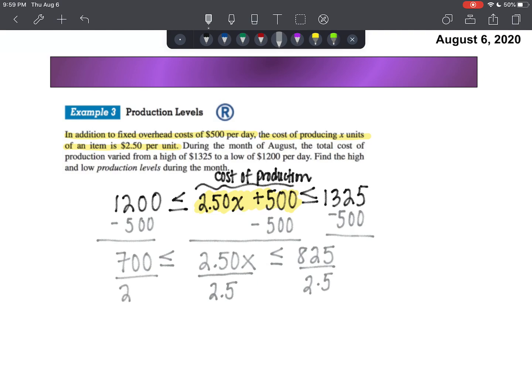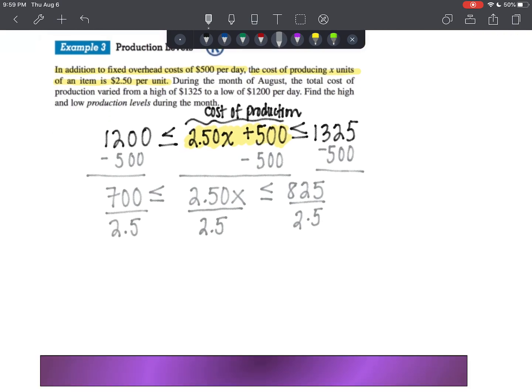Now if you have a calculator, you're more than welcome to use it, but I'm a little lazy. 825 divided by 2.5 is the same thing as 825 divided by 5 over 2, which is the same thing as multiplying by 2/5.